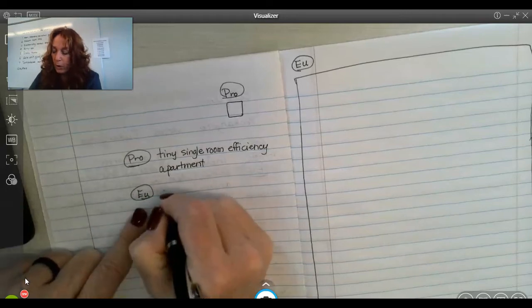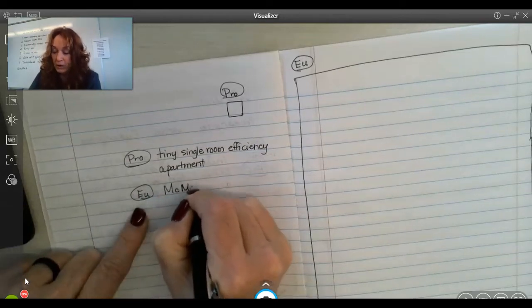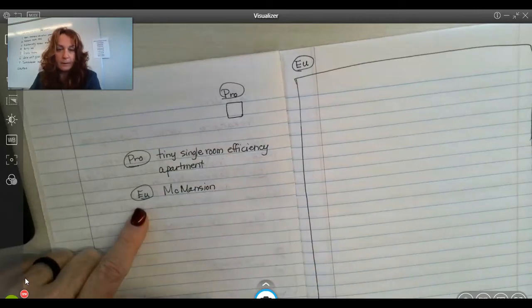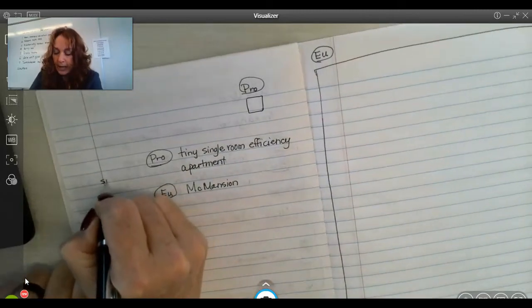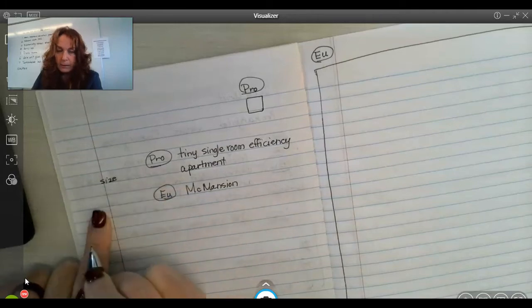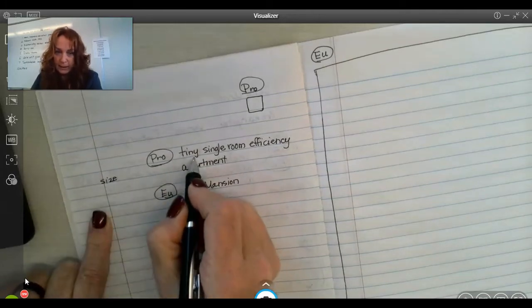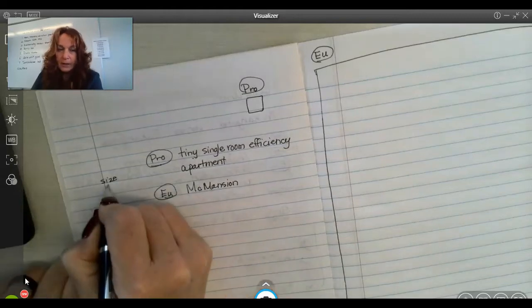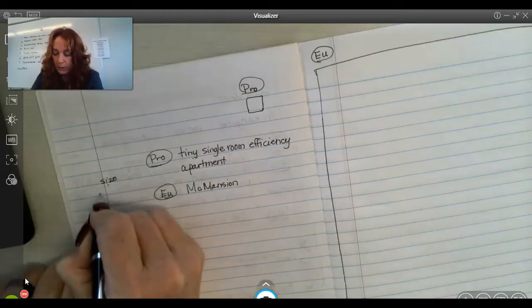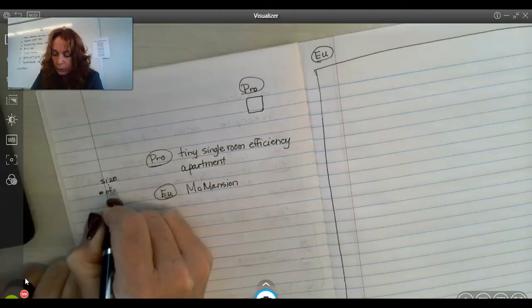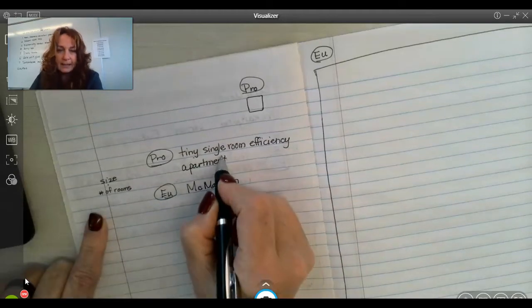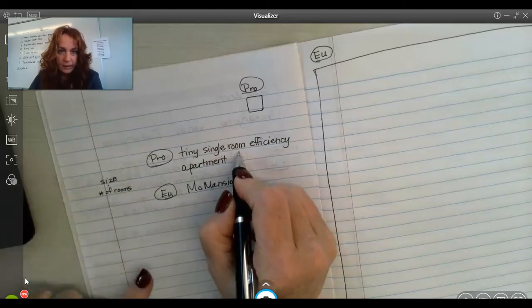Eukaryotes are like a McMansion. So it's not just size that's part of the difference, teeny tiny, freaking enormous, but it's also the number of rooms. A single room, okay, we got that.